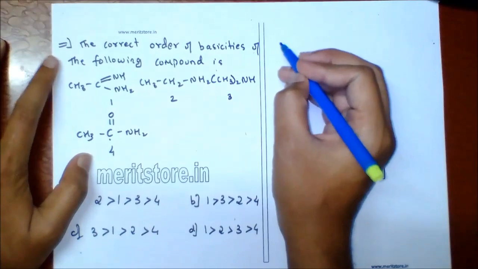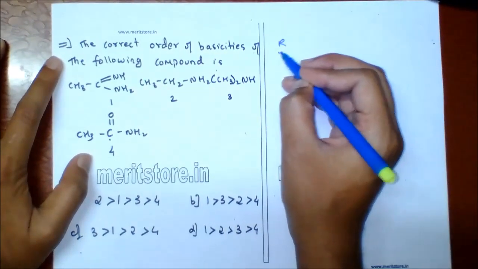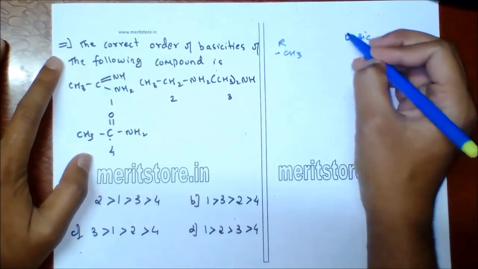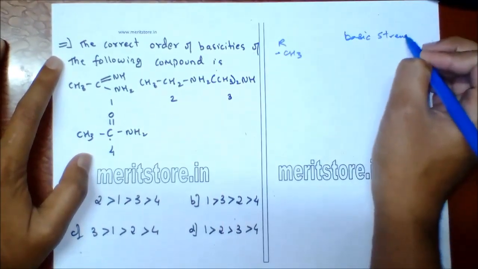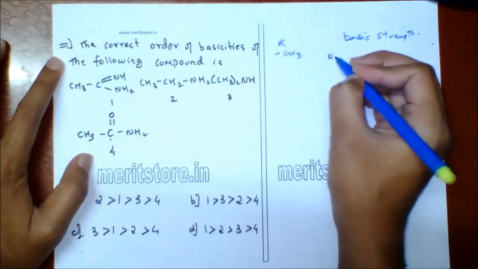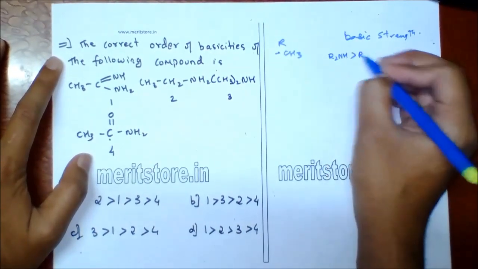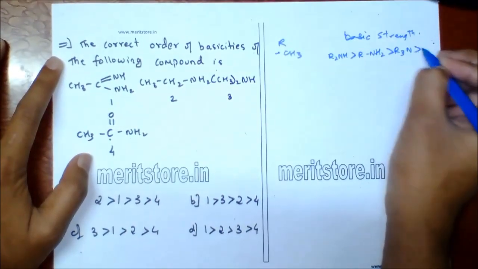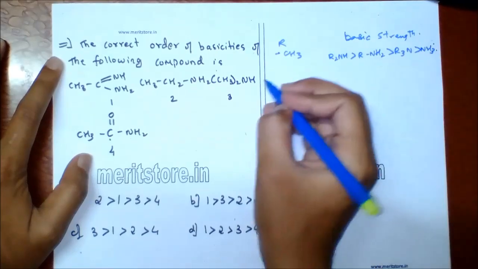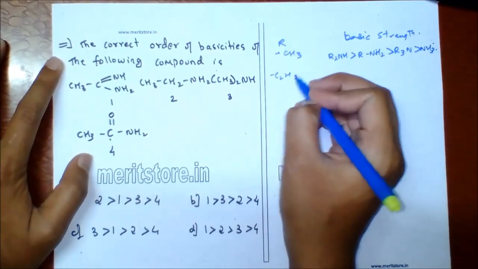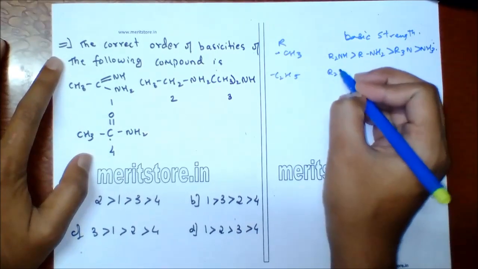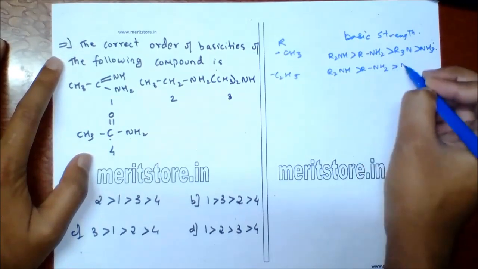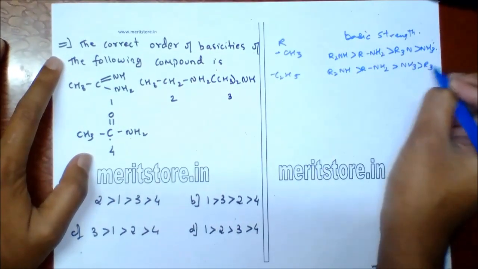When the alkyl group is methyl, the basic strength is R2NH, RNH2, R3N, then ammonia. When it is ethyl, it is R2NH, RNH2, ammonia, then quaternary.